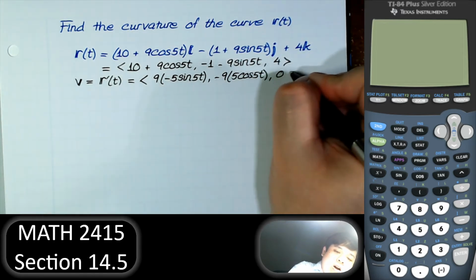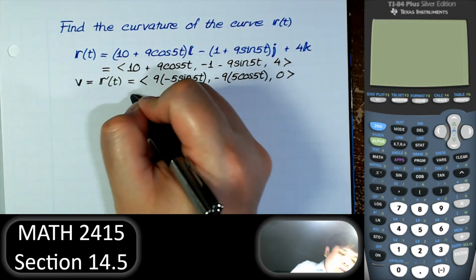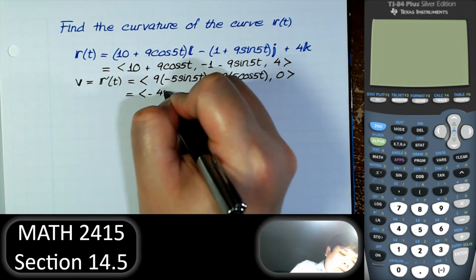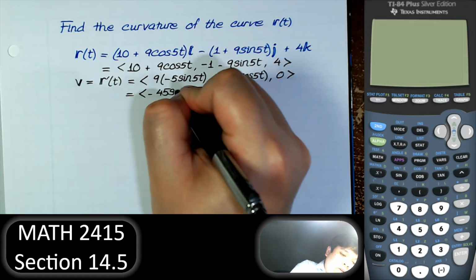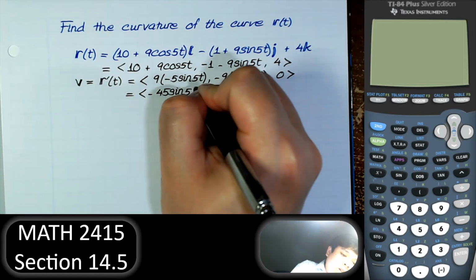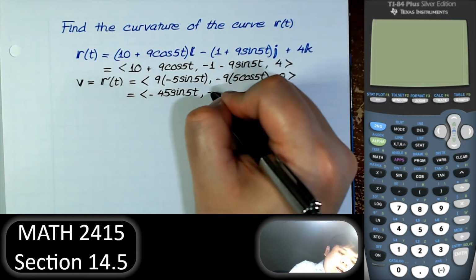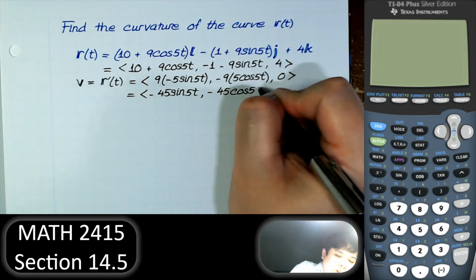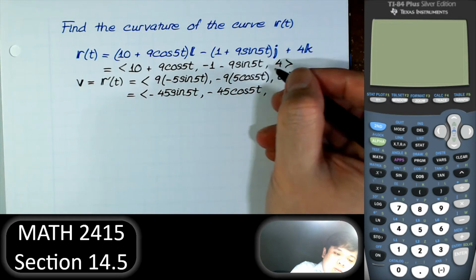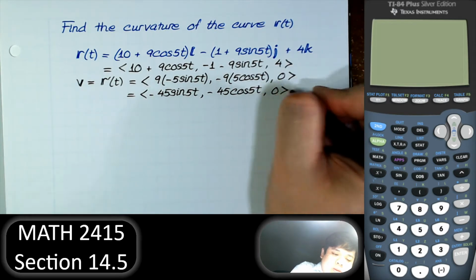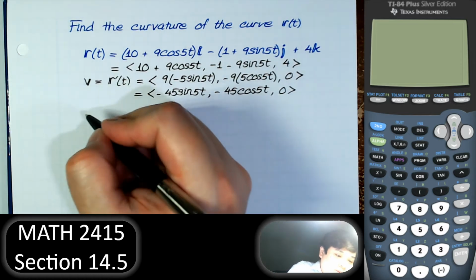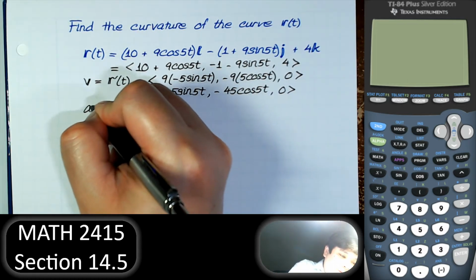Derivative of 4, constant, is 0. So we have negative 45 sine of 5t, negative 45 cosine of 5t. And then let's find the acceleration vector.